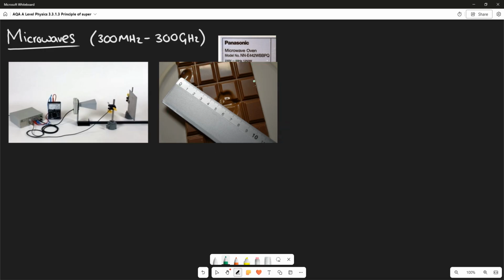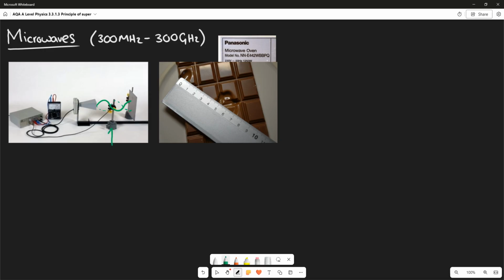So here we have a microwave emitter, and here we have a microwave detector. If you switch on the microwave emitter, you can create microwaves that travel through the air, hit the metal plate, and reflect to create a standing wave in the middle.